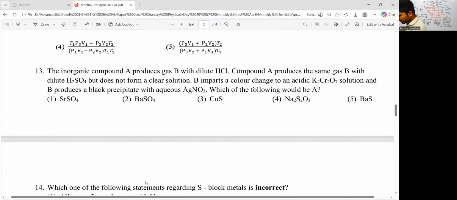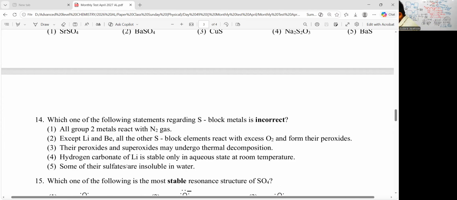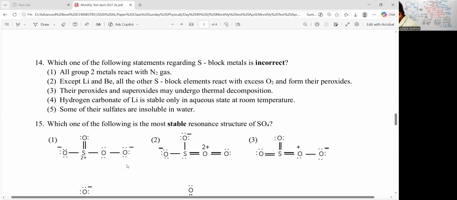Now in organic, it's all about remembering equations and experiment patterns. I have told you all the things that are necessary to remember in that way, so use that knowledge. Right, now let's go to the next question, question number 14.